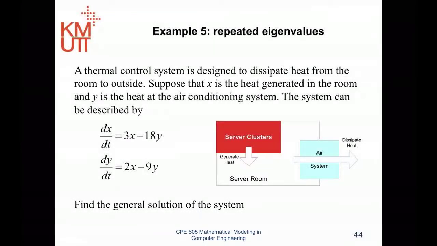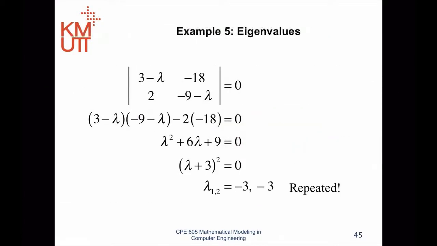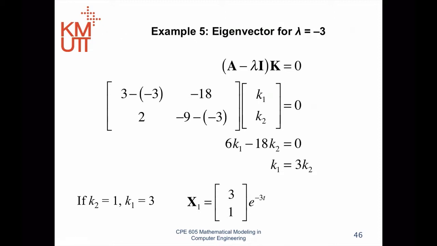To find the general solution of this system, we still need to first determine the eigenvalues. So the determinant of A minus lambda I must equal 0. Then we have lambda equals minus 3, both. So to determine the fundamental set, we need to first consider the case when lambda equals minus 3.